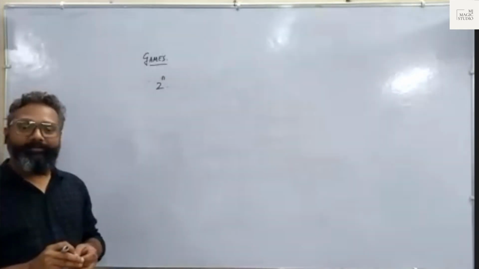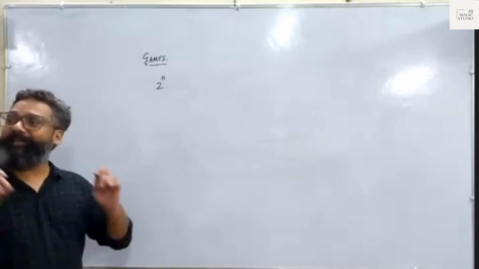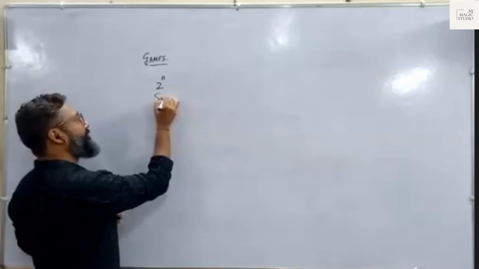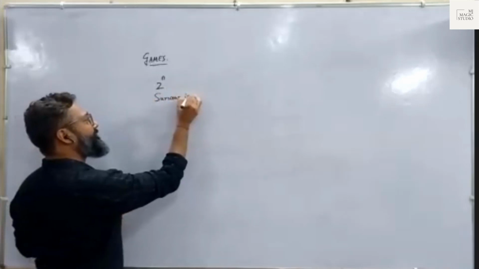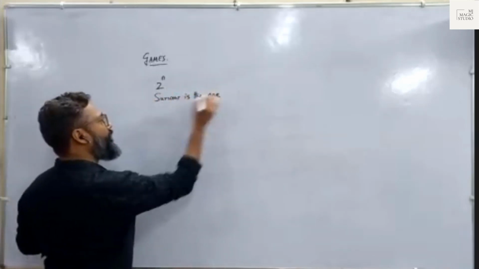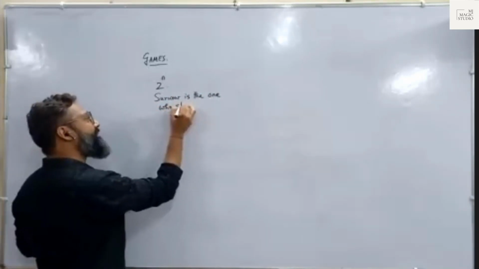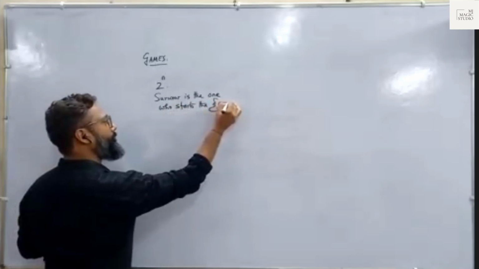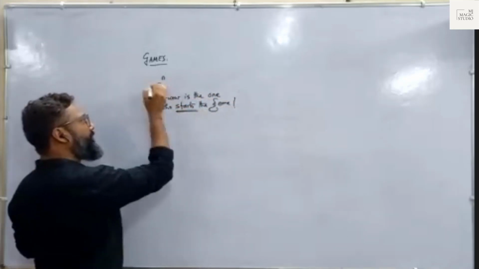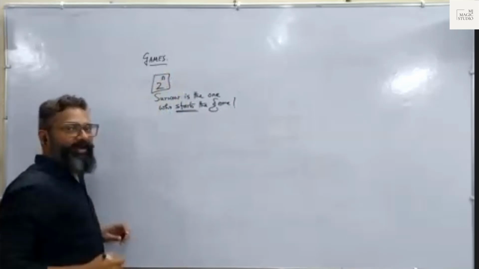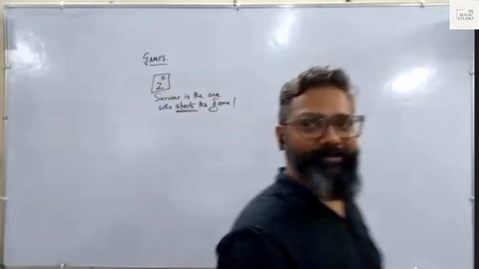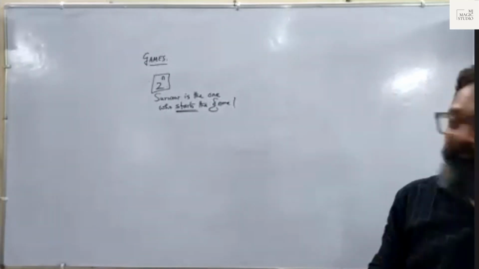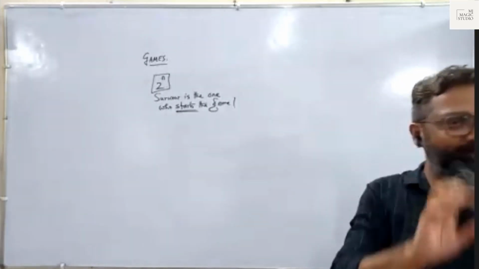That is, the survivor is the one who starts the game, when there are 2 to the power n persons in the circle. Let's first prove this with examples.